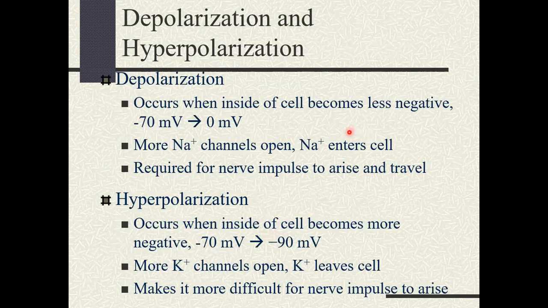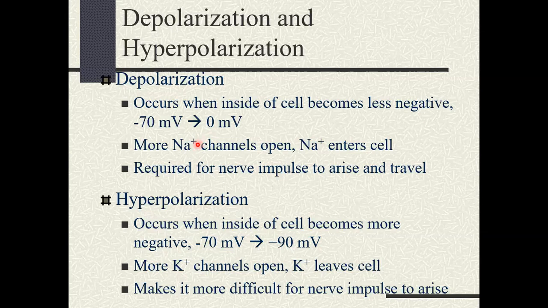So depolarization is going to occur when the inside of the cell becomes less negative or more positive. Because our resting membrane potential is at negative 70 millivolts, and then it's going to become less negative. So more sodium channels are going to open up, sodium is going to come in, and it's going to make the inside of the cell more positive or, to be a little bit more true, less negative. Hyperpolarization is going to occur when the inside of the cell becomes even more negative.